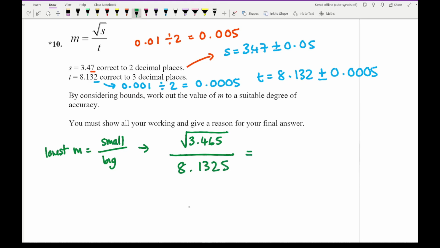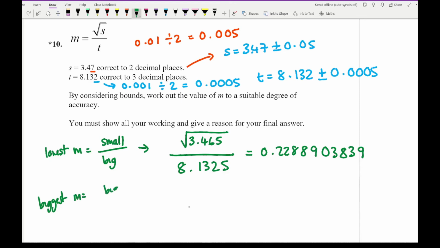Now if I type that into my calculator, which is not the easiest to type in, so do always make sure you are doing it correctly, divided by 8.1325, it gives me an answer of 0.22889033839.